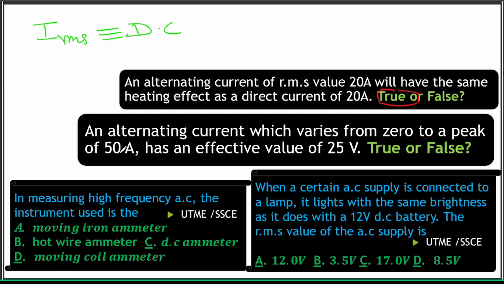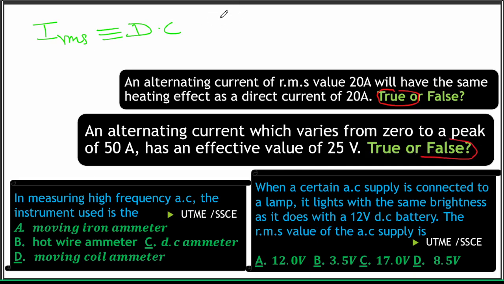Now the next one: an alternating current which varies from 0 to a peak of 50 amperes has an effective value of 25 volts. True or false? Pause the video and try it. Okay, so it is false.